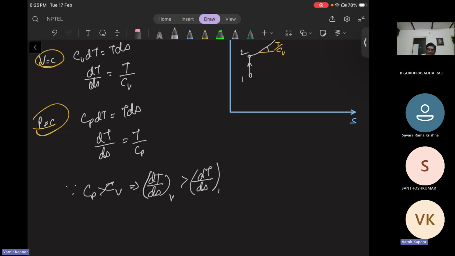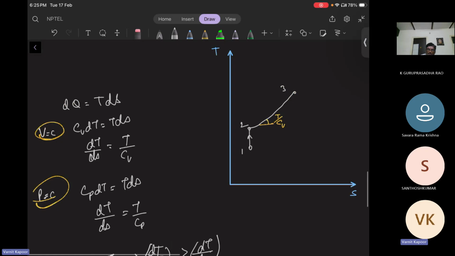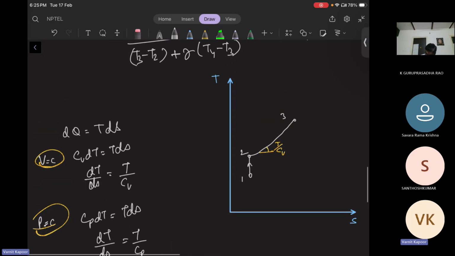So eventually the slope of the constant pressure will be lesser. So we have to make it in terms of this. 3 to 4 is heat addition at constant pressure.